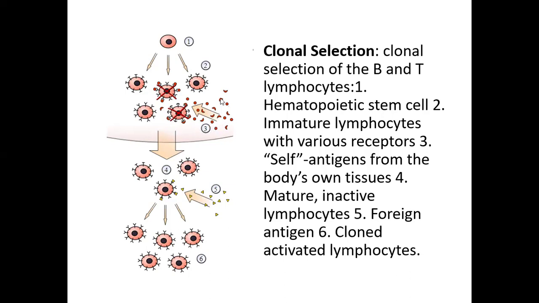These red particles are self antigens from the body's tissue. And here we can see the lymphocytes which can recognize and react with the self antigen. They need to be destroyed because they would be autoreactive T lymphocytes. And then you can see a lot of T cells will be destroyed in the process of clonal selection.